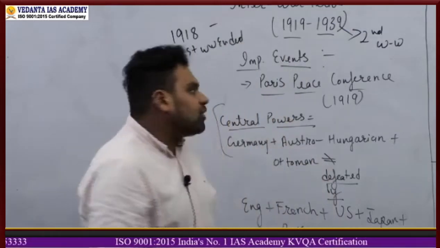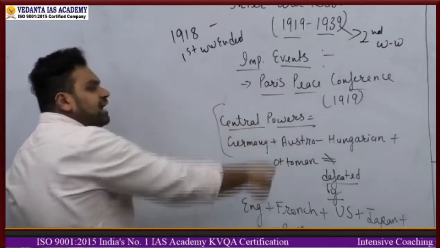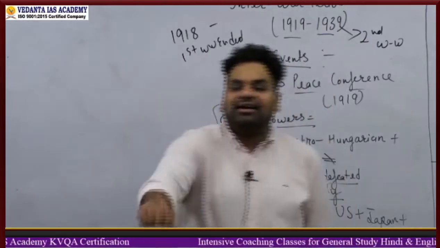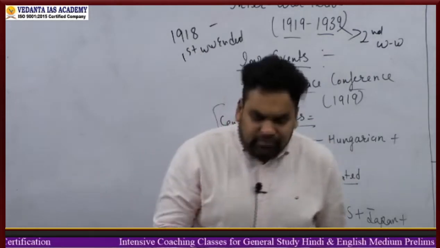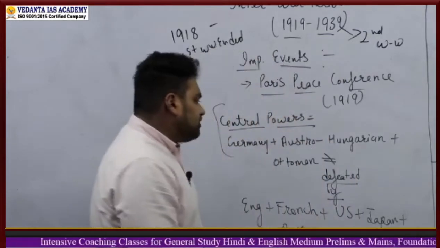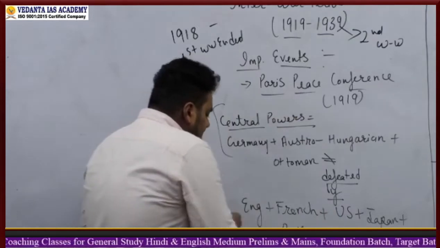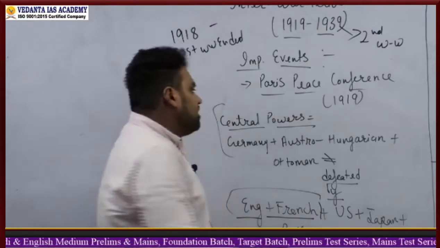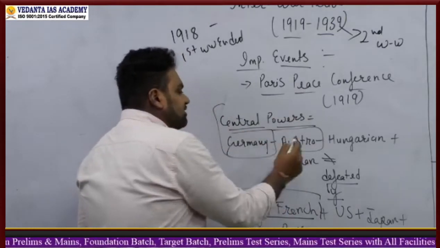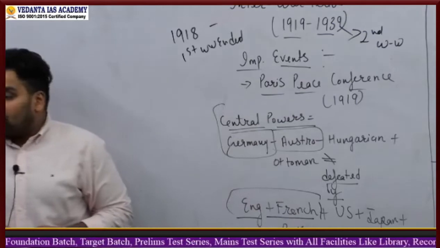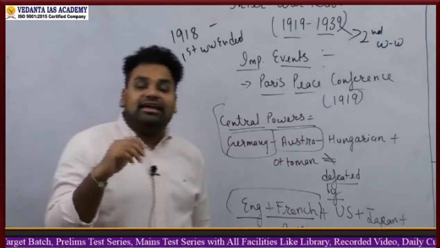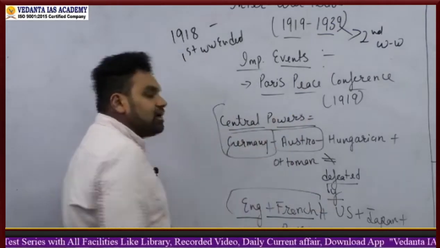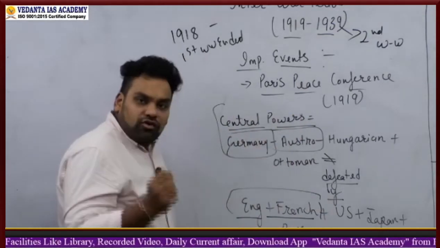And this World War I will end with the Paris Peace Conference in 1919, right? In this peace conference, mainly the English and French will be deciding what exactly to do and not do with these defeated people, how exactly to treat them. That will be decided in the Paris Peace Conference, right?